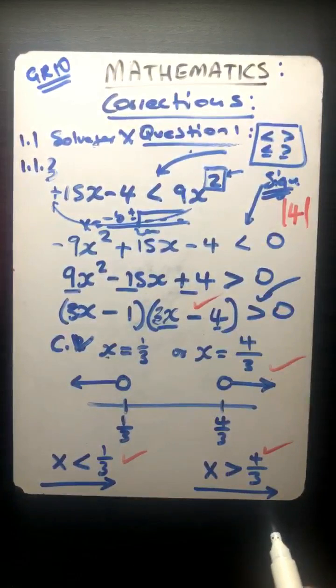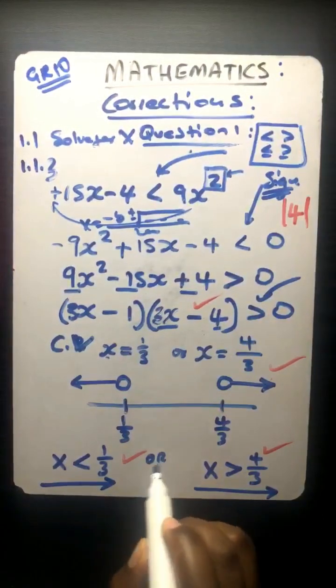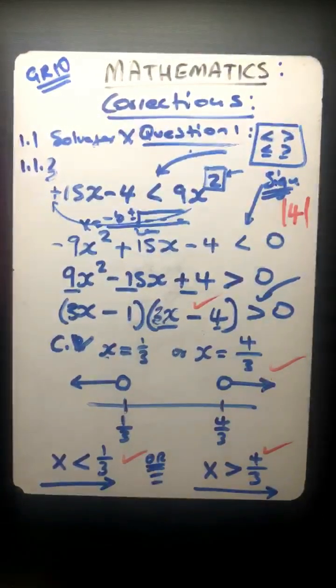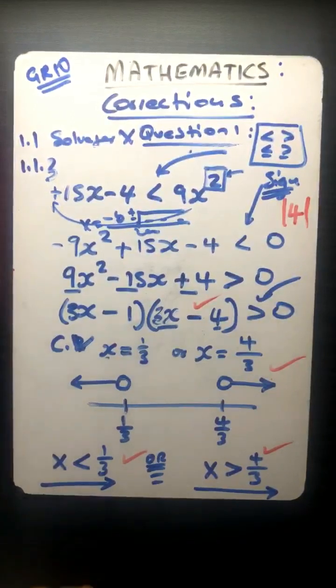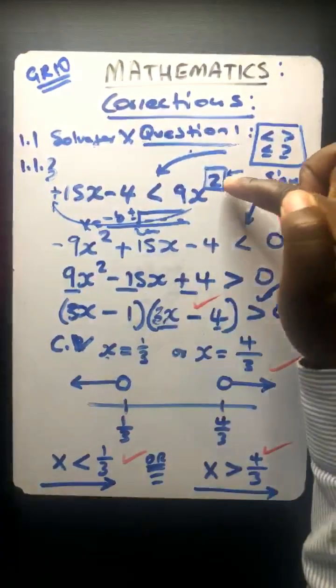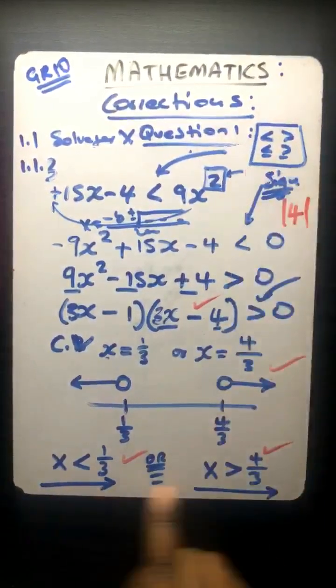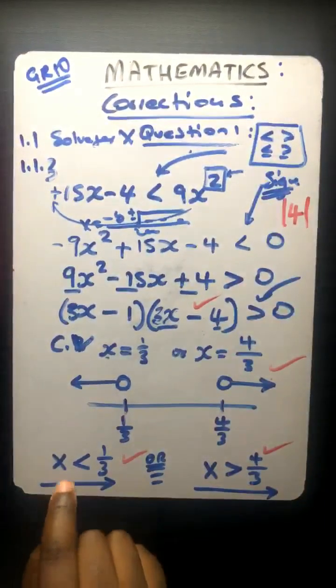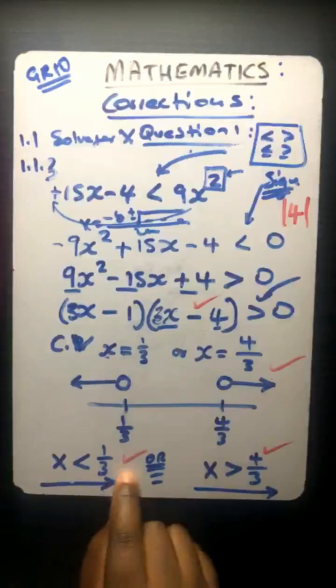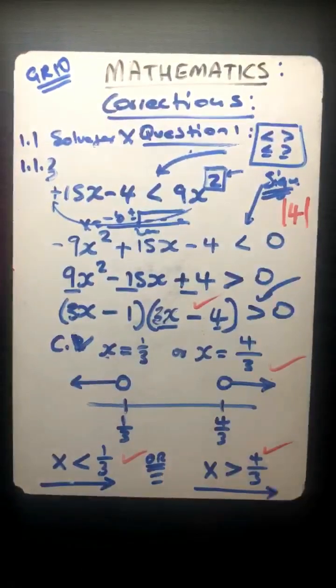So the or in between is just for you to show that you actually come from good hands and you understand fully what you are doing. So if it was to the power of 3 there, you're going to have 3 answers. So that means you're going to say, this is the first possible answer, or this one, or this one.